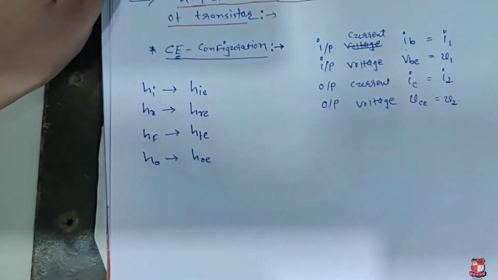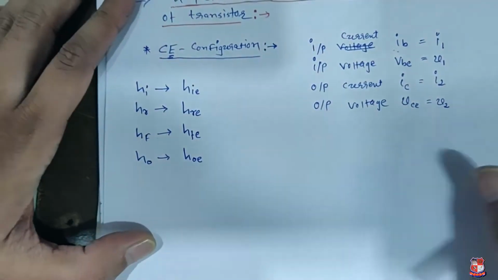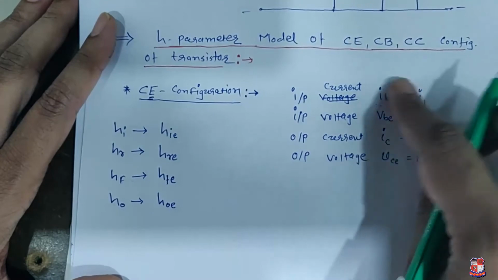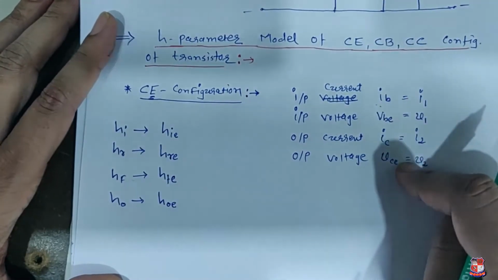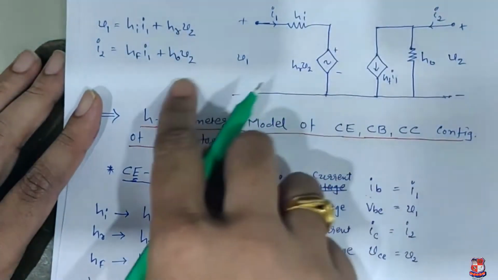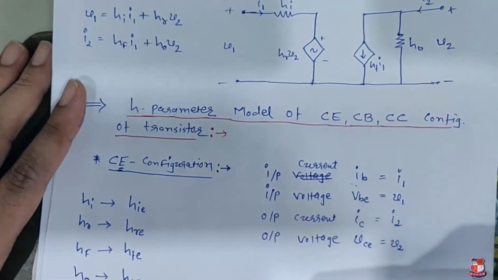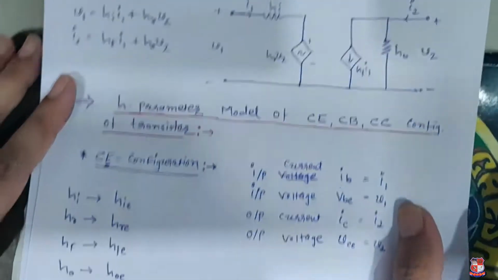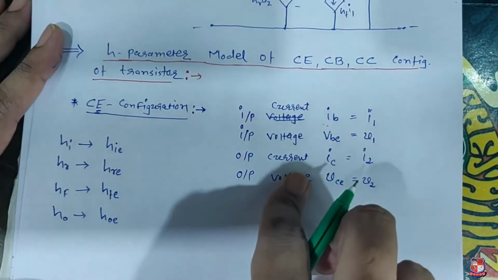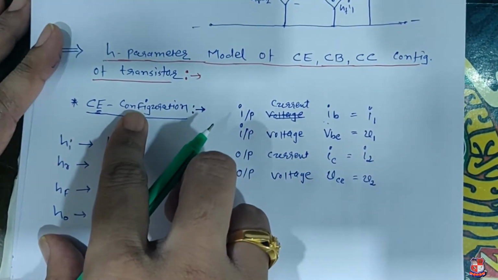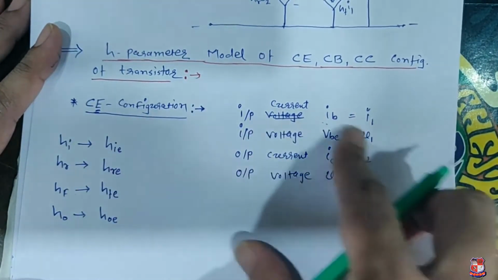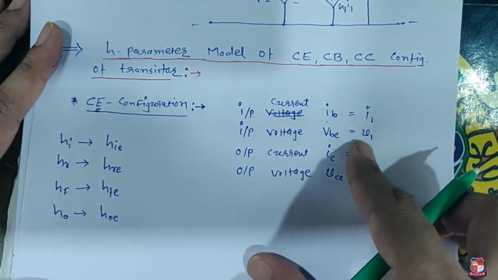So what we have done is we have changed the name of all four common parameters, input voltage, input current, output voltage, output current, into specific names related to common emitter configuration. So this change we have to do.